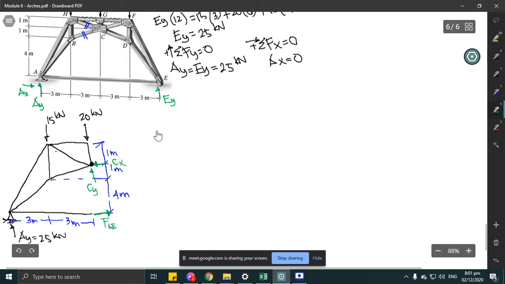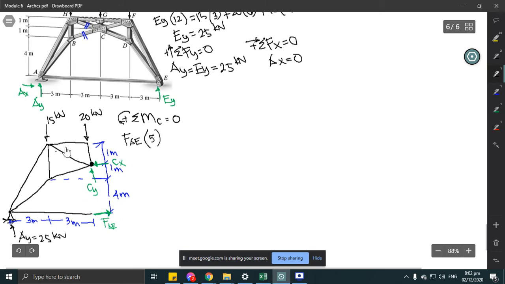Okay, so the first thing we do is solve for the force in member AE. We take the summation of moments at point C, assuming counterclockwise moment as positive. Summation of moment at C equals 0. The force in member AE multiplied by its distance, which is 5.